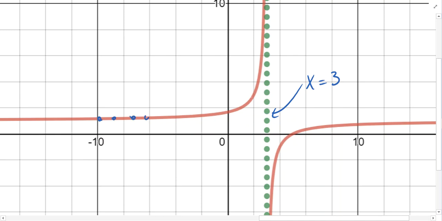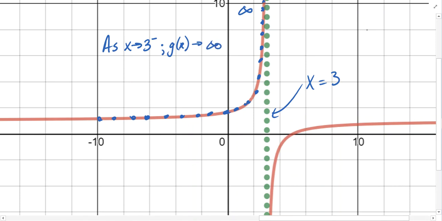So what's happening to the y values on these points as x gets closer to 3 from the left? Well, these little blue dots that I'm drawing here, they're racing off towards positive infinity. So as x approaches 3 from the left, our y values, or q of x, are going to approach infinity.